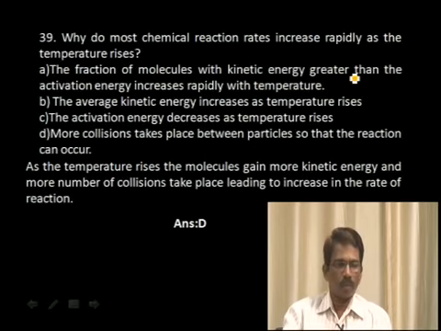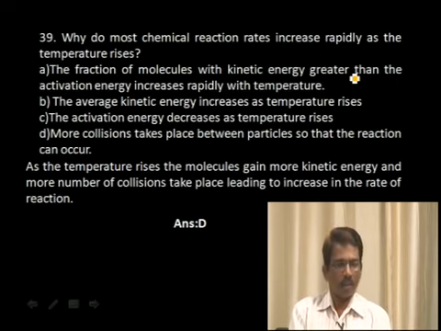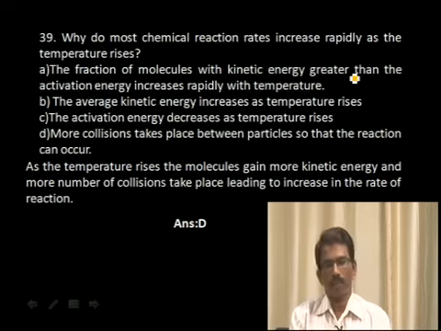And in question number 29, why do most chemical reaction rates increase rapidly as the temperature rises? The options are: A, the fraction of molecules with kinetic energy greater than activation energy increases rapidly with temperature. Option B says the average kinetic energy increases with temperature rise. C says activation energy decreases as the temperature rises.